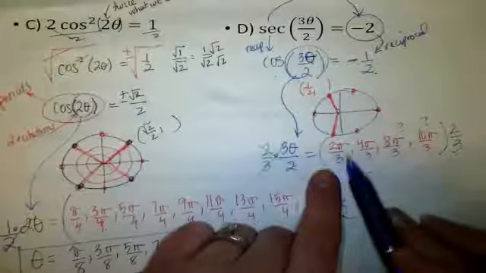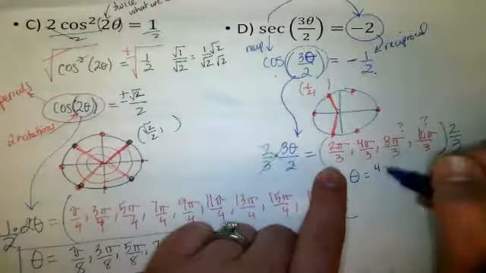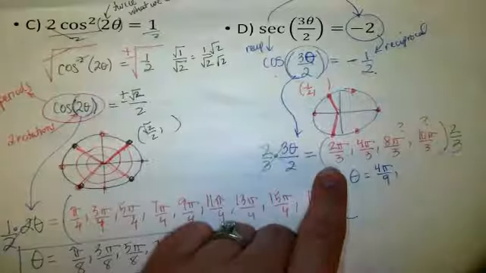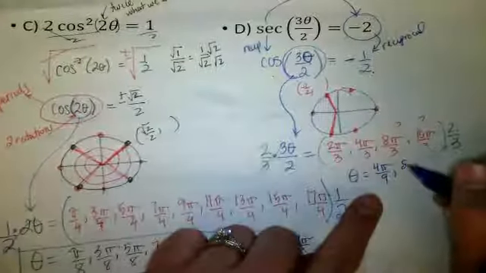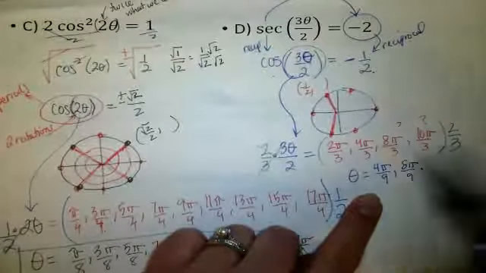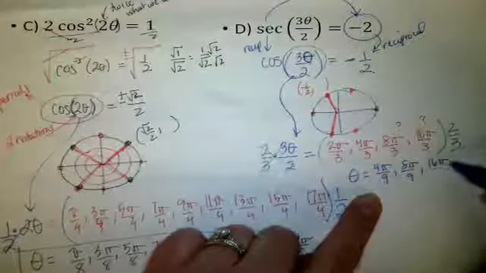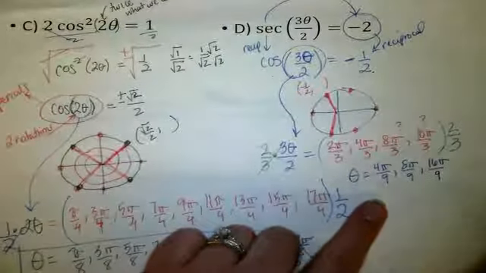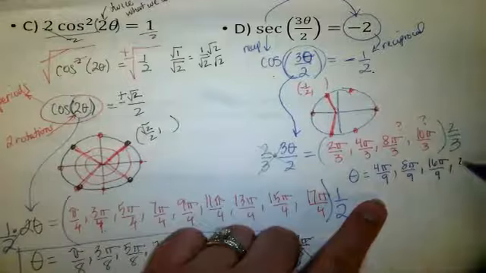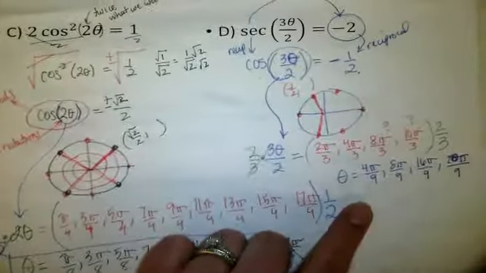So what is 2 pi over 3 times 2/3? 4 pi over 9. 4 pi over 3 times 2/3? 8 pi over 9. 8 pi over 3 times 2/3? 16 pi over 9. And then the last one there would be 20 pi over 9.